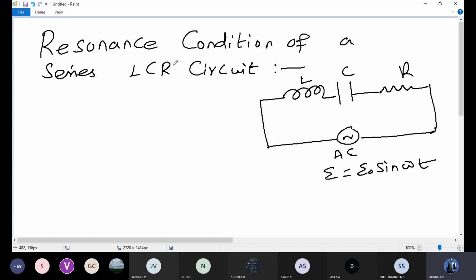Under which condition will it act as a resonance? When the current is maximum, the circuit is said to be in the resonance condition of a series LCR circuit. Current is maximum, so I is maximum.